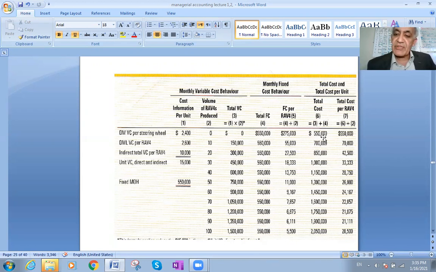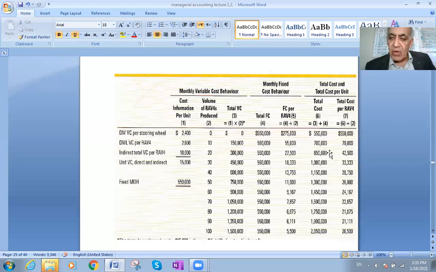So the first one will be 550,000 divided by the number of production. Let's take 700,000, all the costs, divided by the number of units produced, which is 10. Then it will give me 70,000. Let's go to the next one.